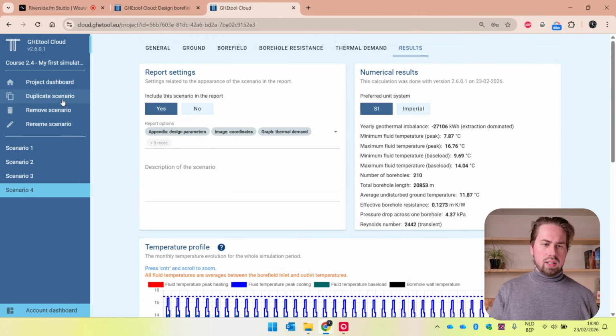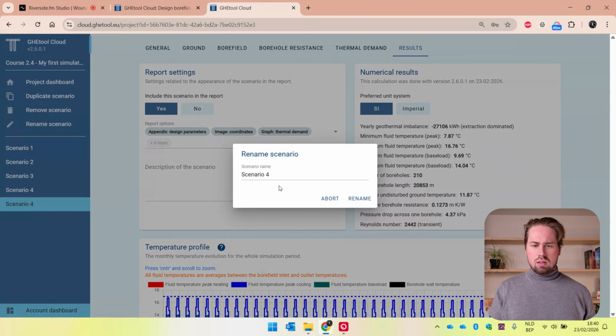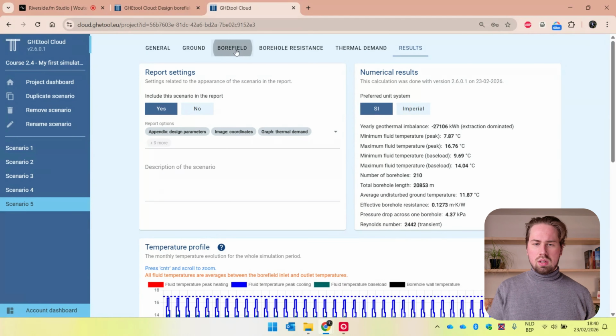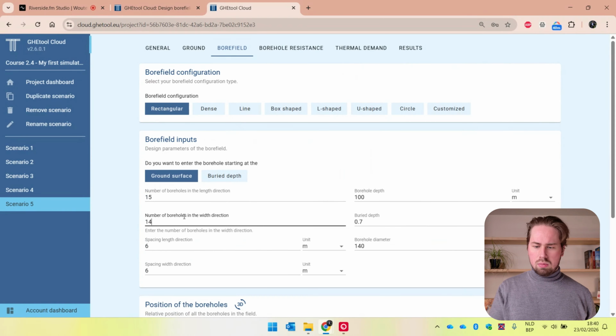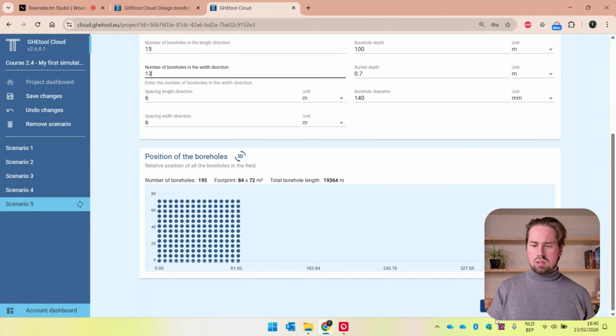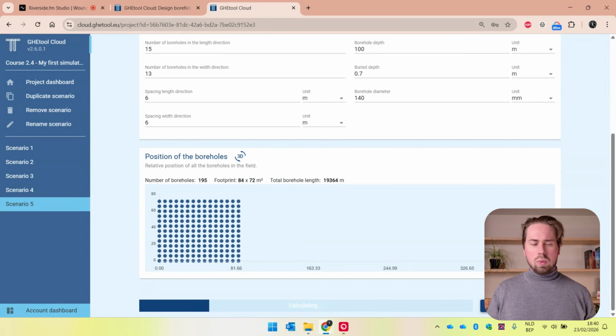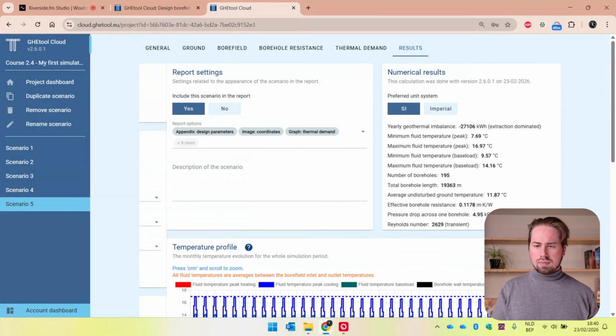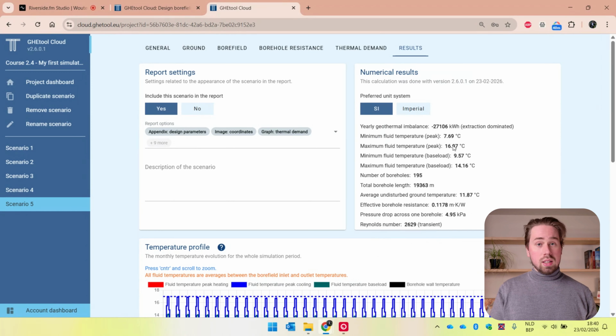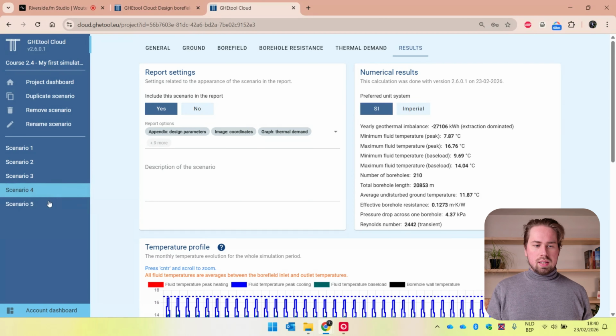So let us go ahead and duplicate this to see if we can, for example, again take away some of the boreholes. Let's see if we can take again 15 boreholes away from our simulation. And yes, we can, because there are now two effects playing. So in scenario 4 we were at 16.76.